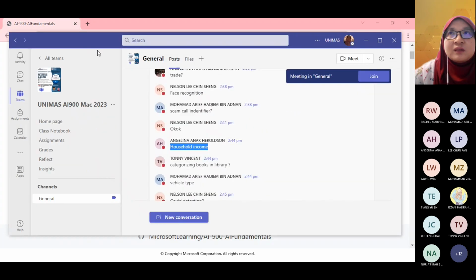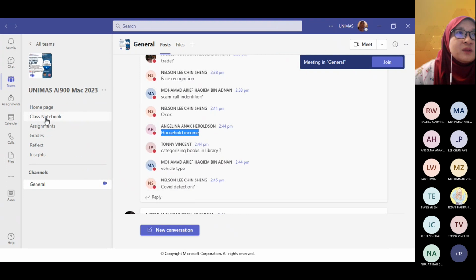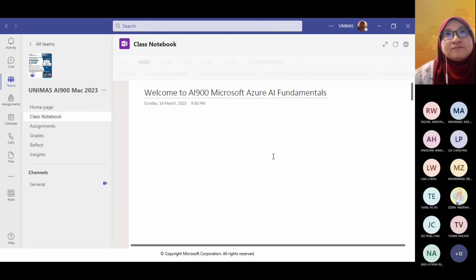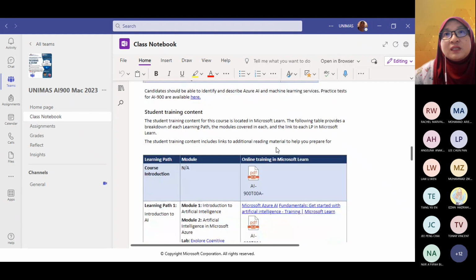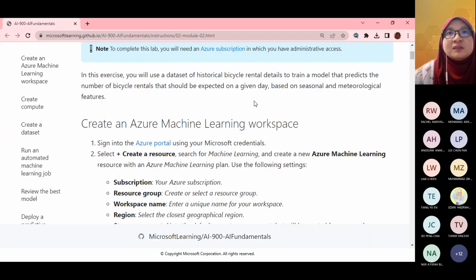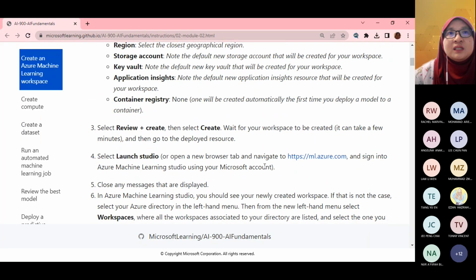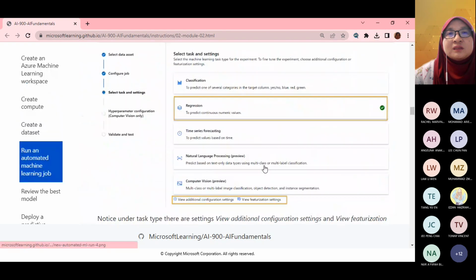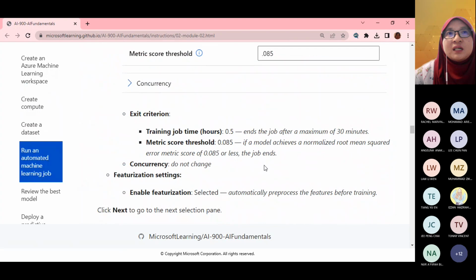Everyone can access this. We have the class notebook here. Terus nanti saya akan share the slide lah. They are here. Explore automated machine learning. Sama juga kan? So you follow everything here. Compute. Ikut aja apa yang arahan dia.